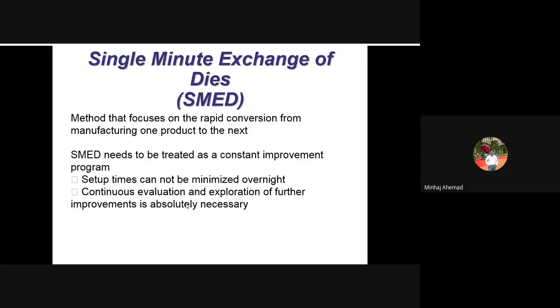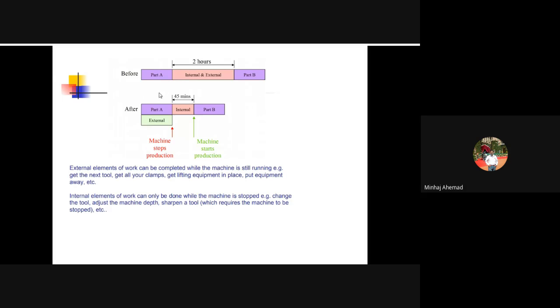by using various technologies. Conventionally, this is part A, and if you want to start part B, two hours of time is required for setup change and so on. It may be internal and external, whatever.